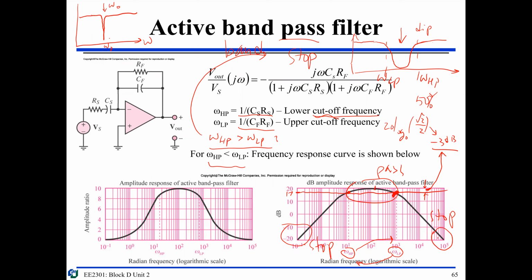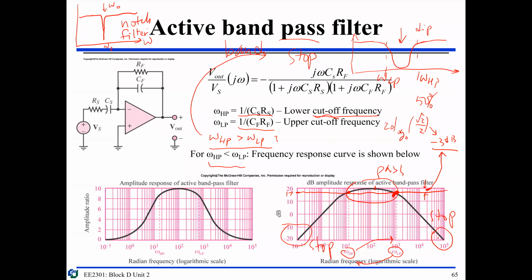It means it will be killed, removed, or notched. So sometimes this is also called a notch filter. A notch filter is also called a band stop filter. In a notch filter, the band is very narrow.